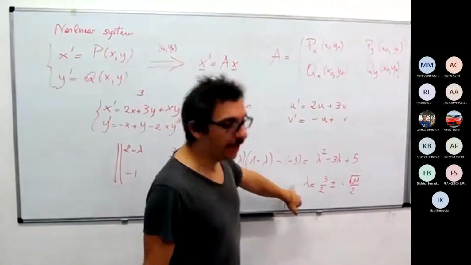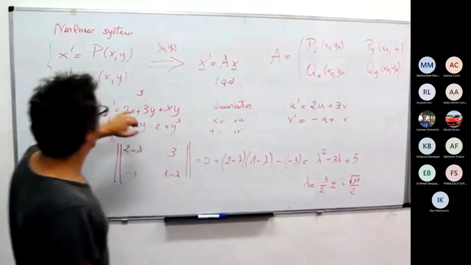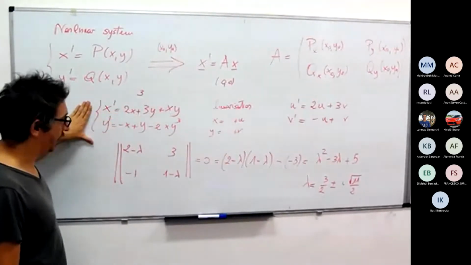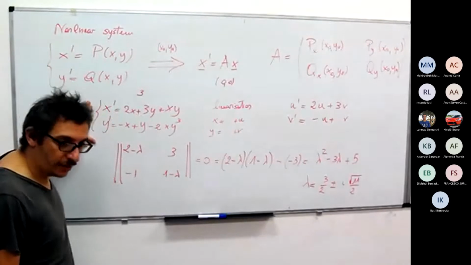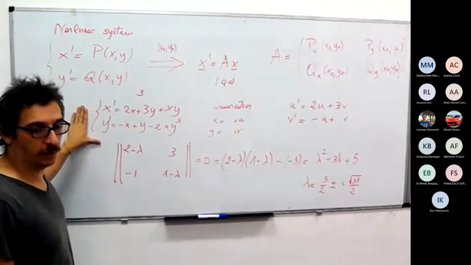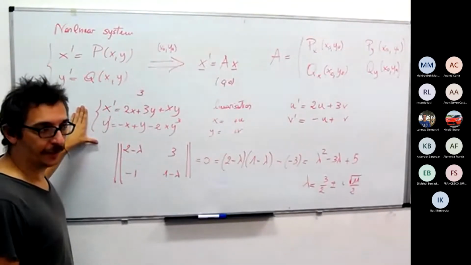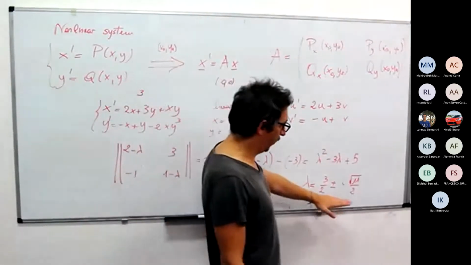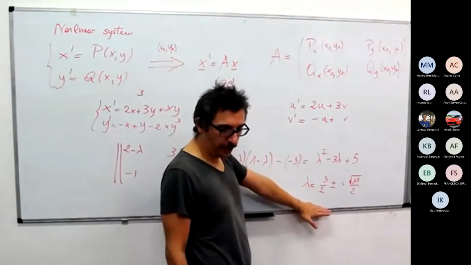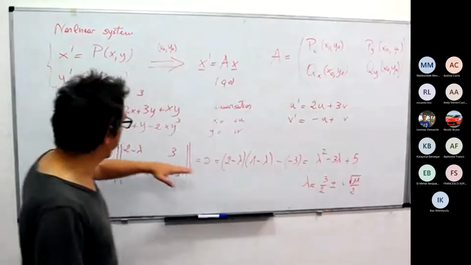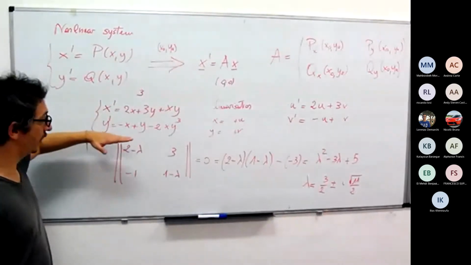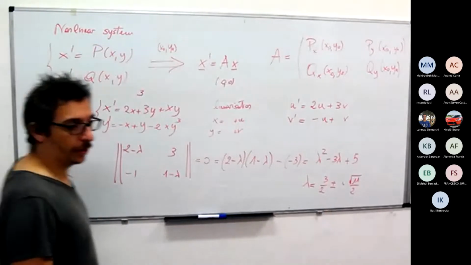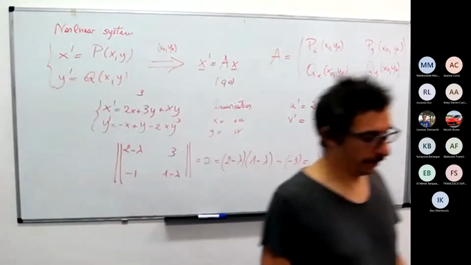So what we can say is that (0,0) will be for the non-linear system a spiral as well. So (0,0) is a spiral for the linear system for this reason, but the Poincaré theorem tells me that (0,0) is a spiral also for the non-linear system.